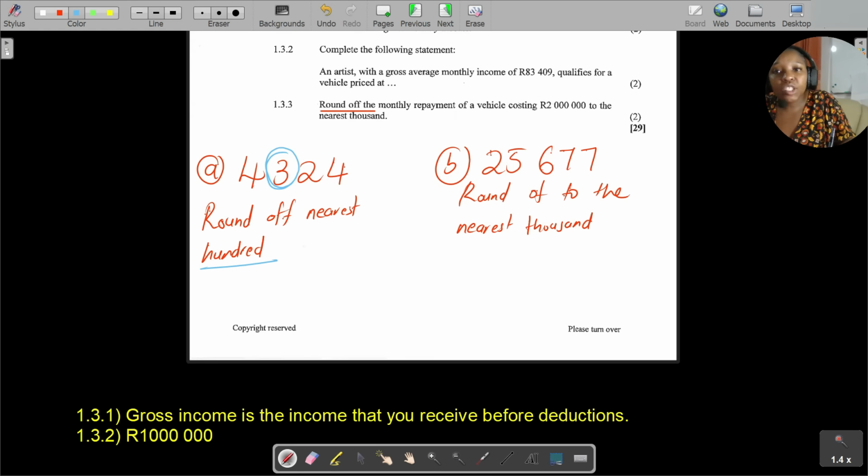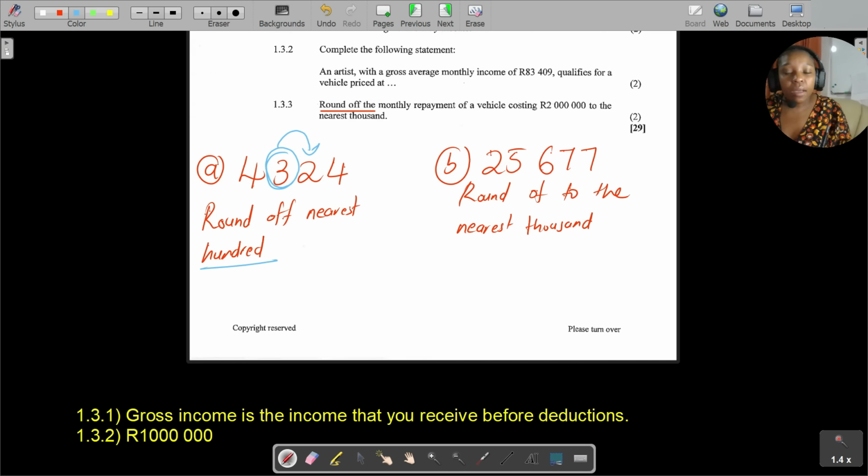What's going to help us determine that is the value that comes before it. If the value that comes before this 3 is a number that is 5 or more than 5, it means that that 3 needs to become a 4. If that value that comes before the 3 is less than 5, it means that we do not change the 3, it stays the way that it is.